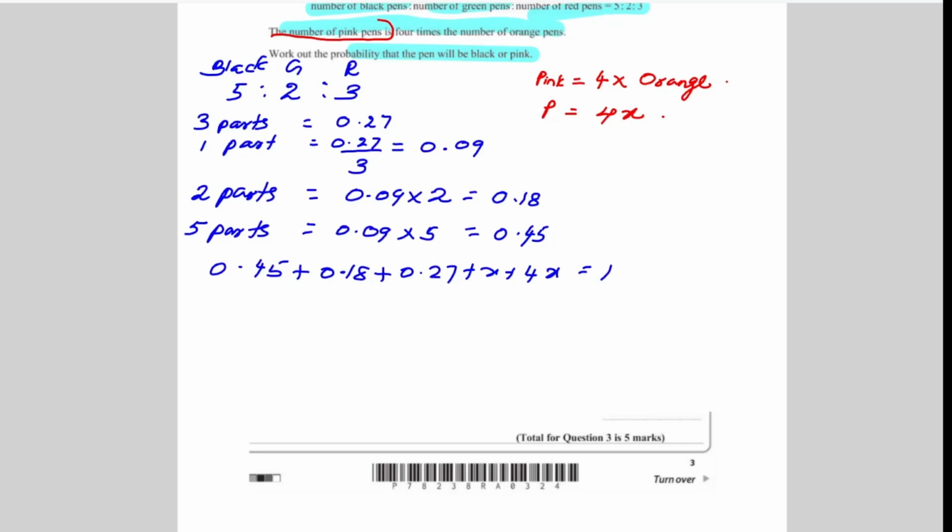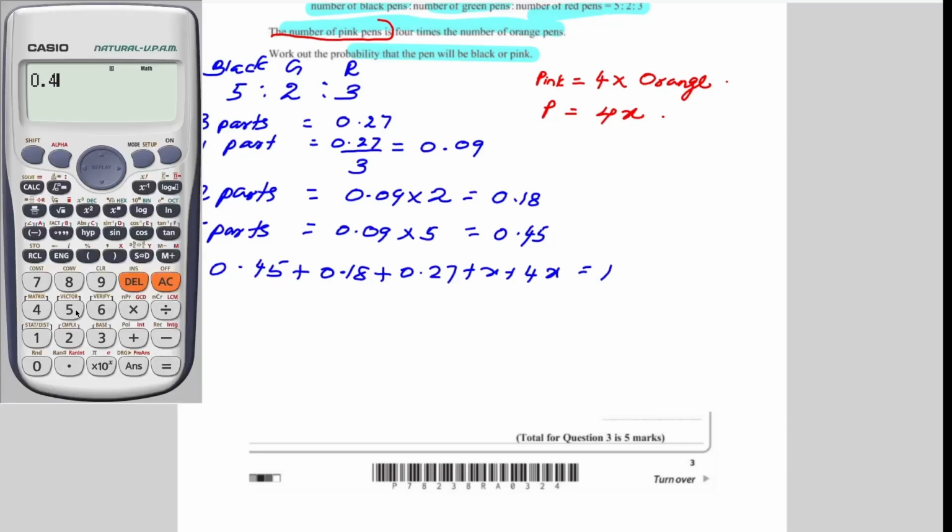Then use the calculator: 0.45 plus 0.18 plus 0.27 equals 0.9.